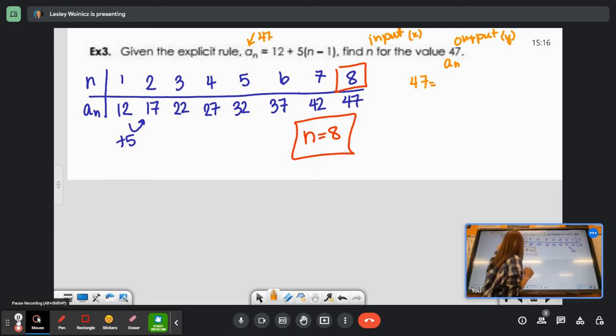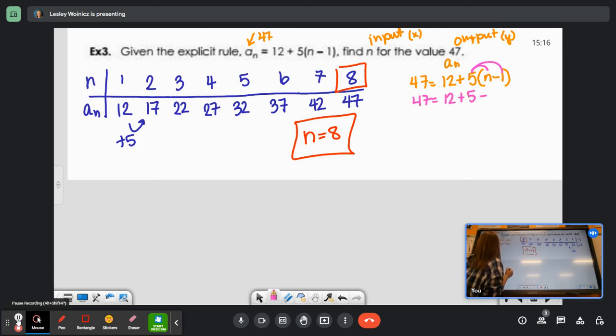47 equals 12 plus 5 times n minus 1. How are we going to get rid of parentheses? So now I have 47 equals 12 plus 5n minus 5.